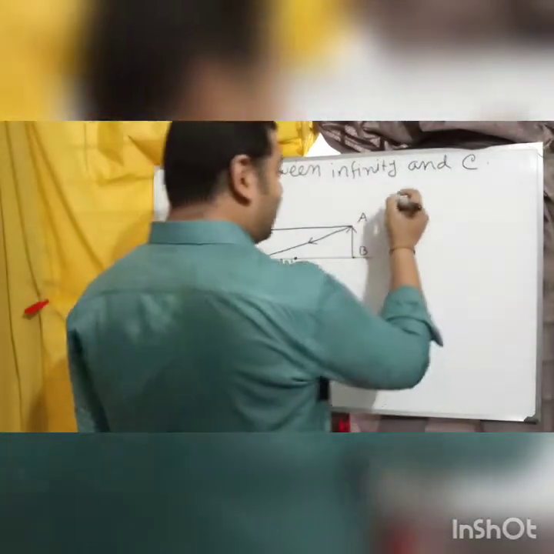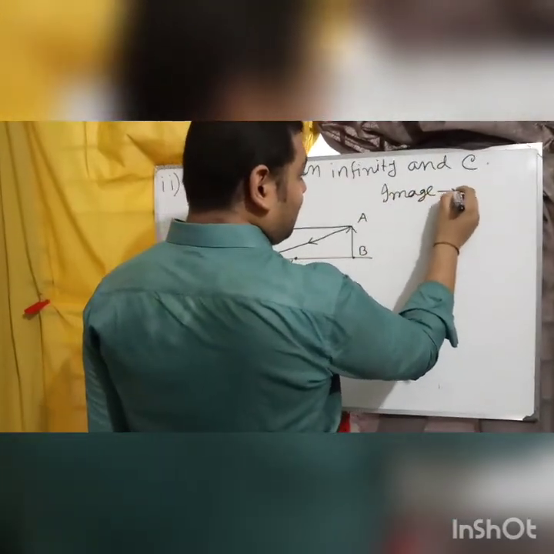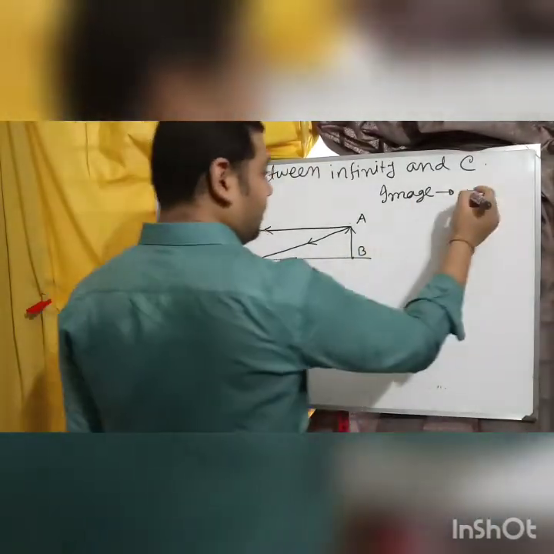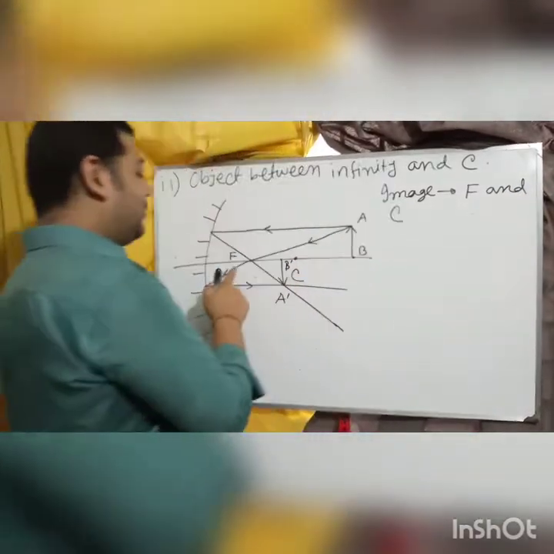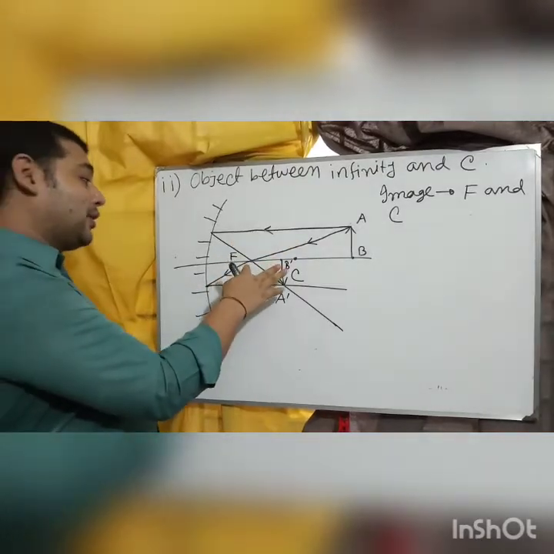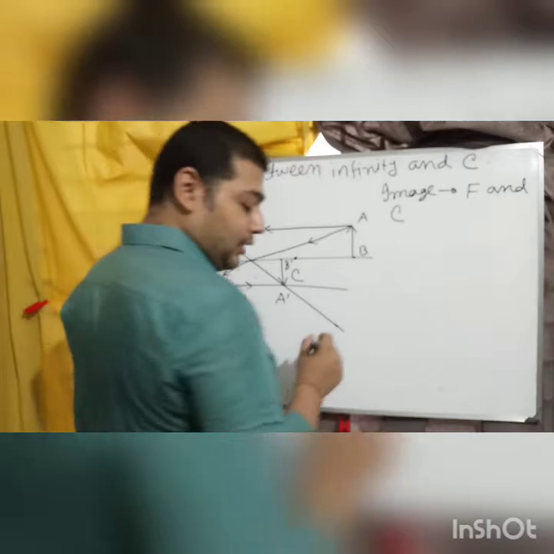So the image is situated between point F and C. F means the focal point, and the image is formed between the focal point and the center of curvature.